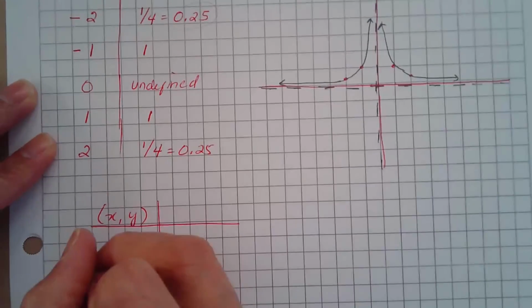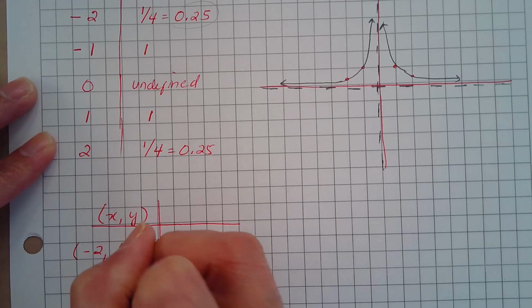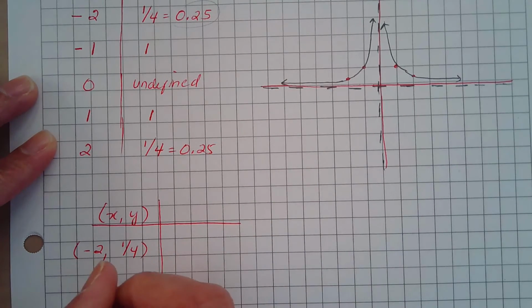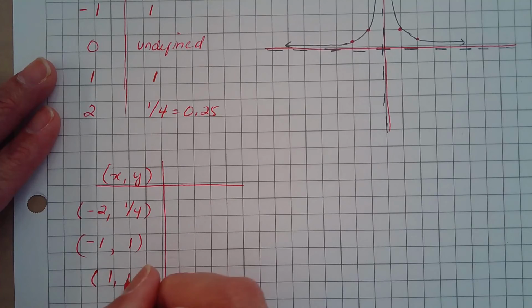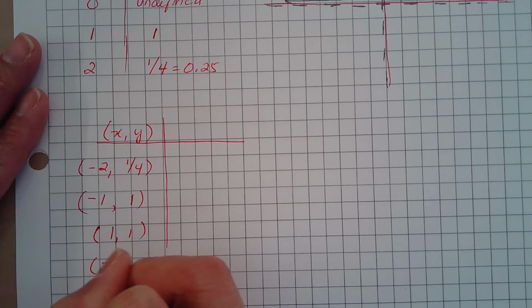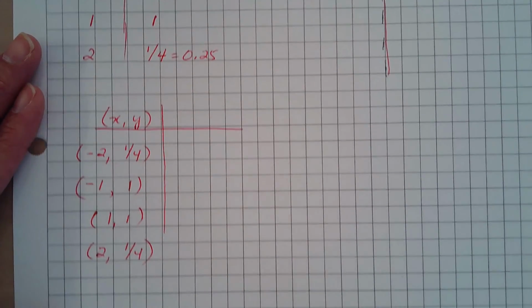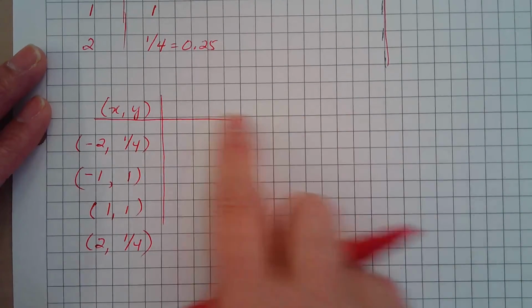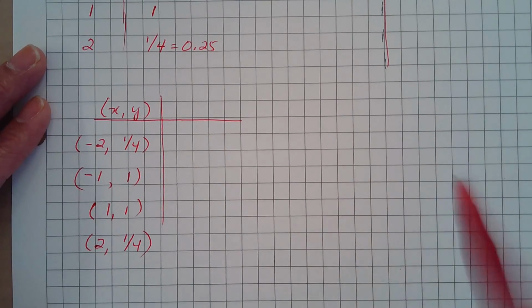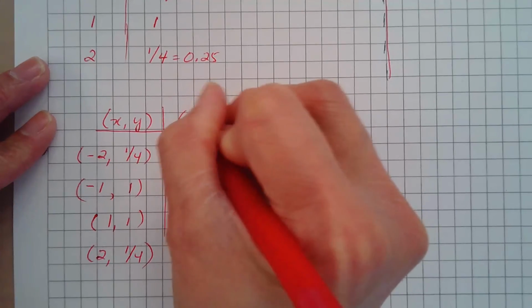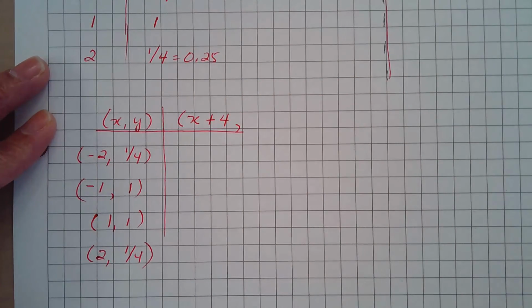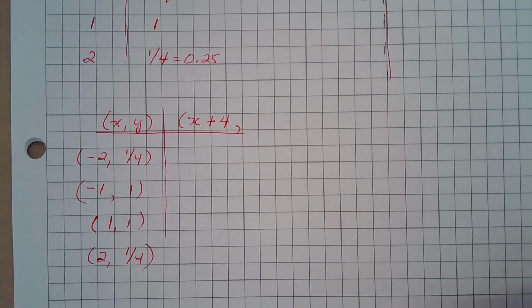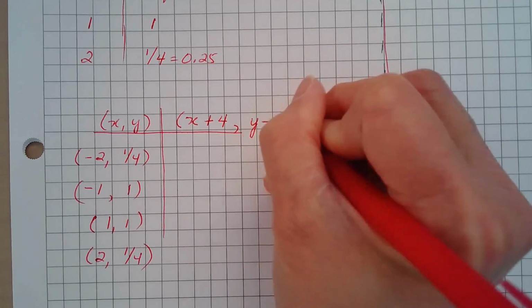We're going to apply that to our points. These are our points: negative 2, 1/4; negative 1, 1; 1, 1; 2, 1/4. What's our image? It says 4 units to the right, so that means x plus 4, and 1 unit down, so y minus 1.